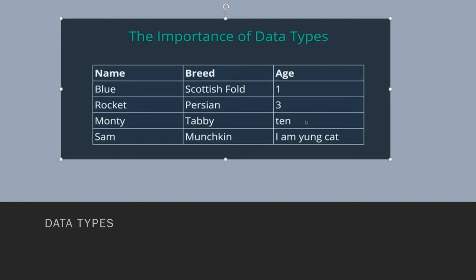So let's say that you have this data in your database in a table where hypothetically you can have data that isn't all matching. So we have this numeric data mixed with text under age.